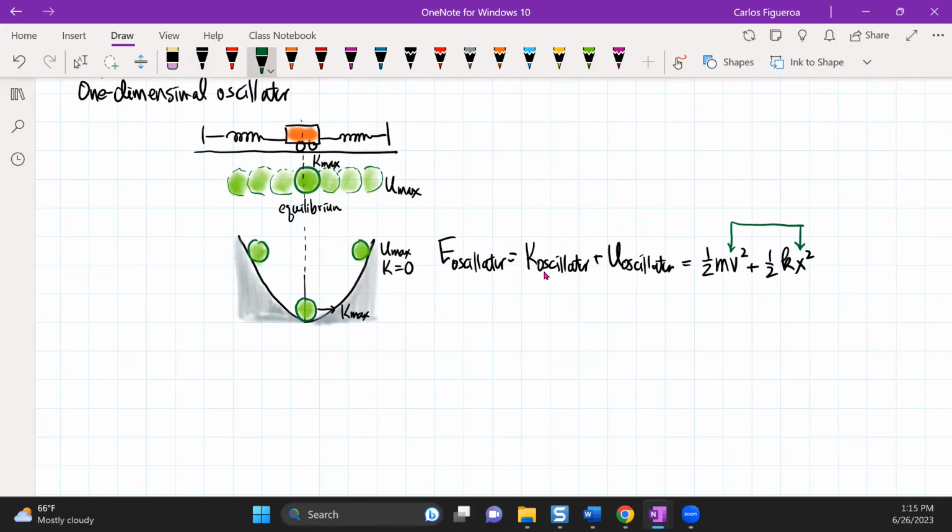Look at that. They're quadratic in the energy expression.